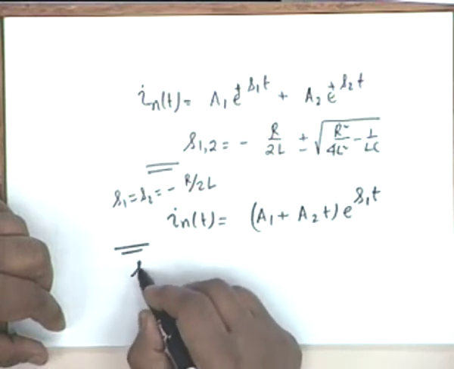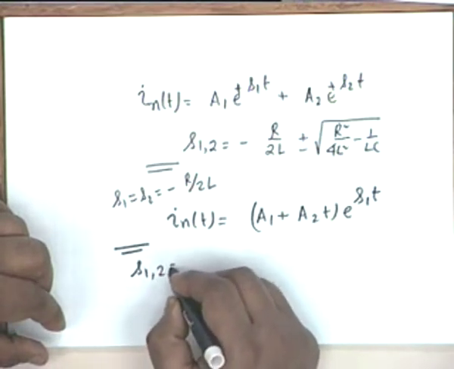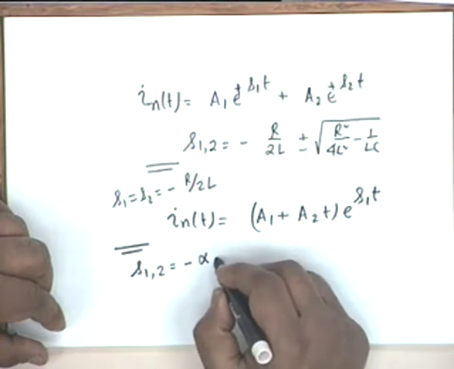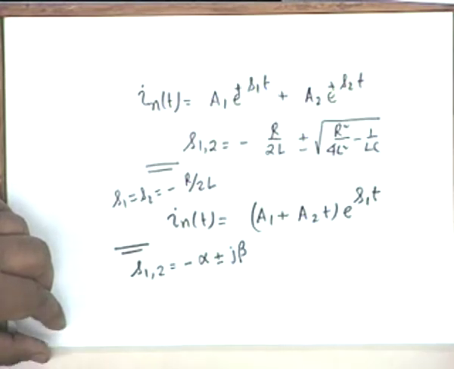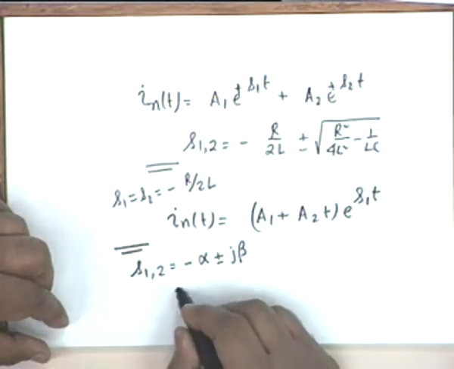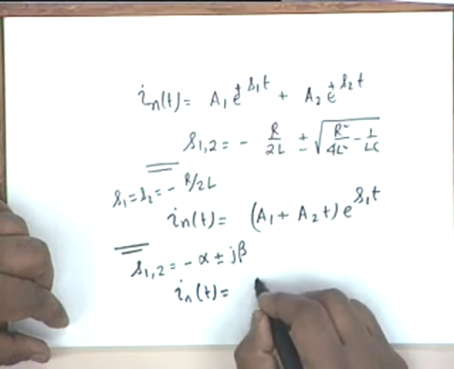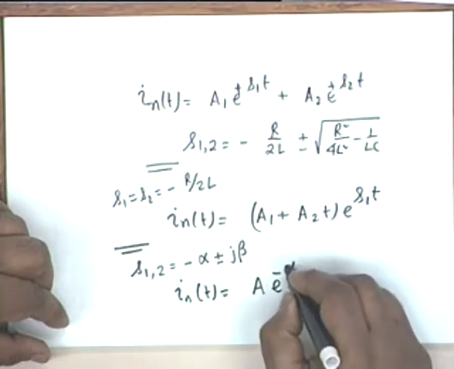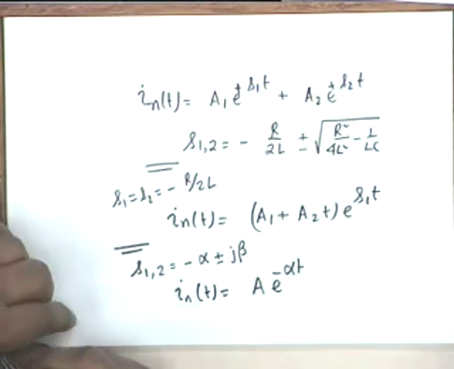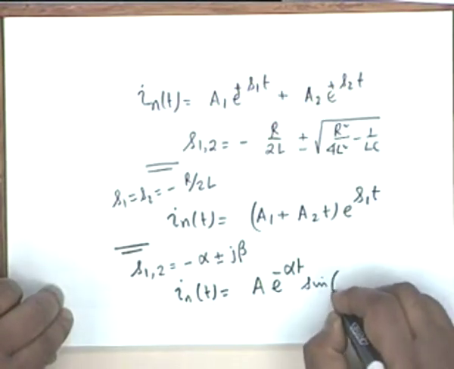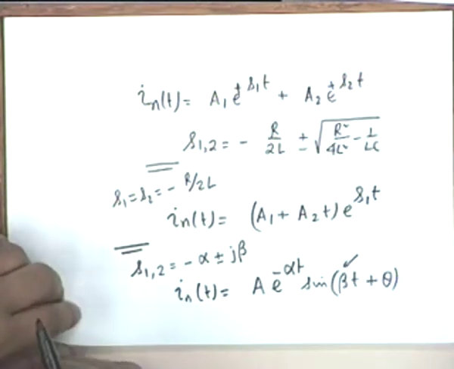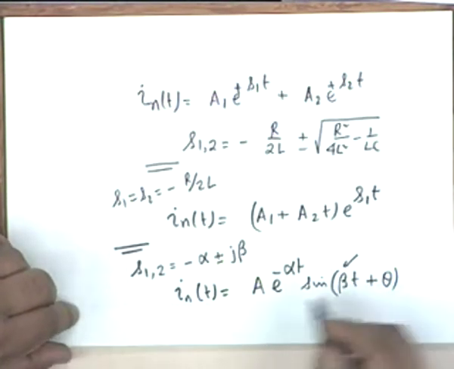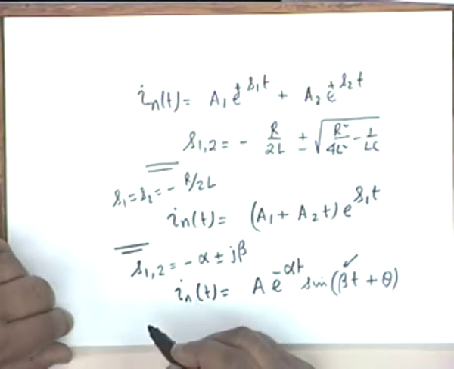Third case, if S1 and S2 are complex, S1,2 equal to, let us say, minus alpha plus minus j beta, that is if the discriminant is negative, then my natural response would be of the form A e to the minus alpha t, a damping factor, multiplied by sine of (beta t plus theta), where beta is called the damped frequency of oscillation, and alpha is called the damping coefficient.